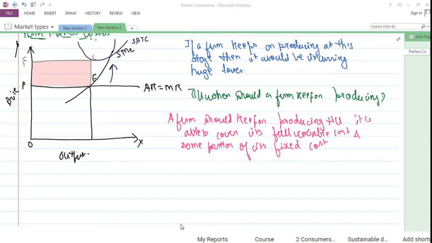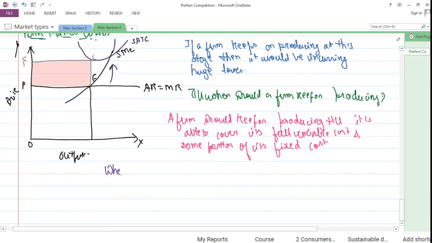If it is unable to cover any portion of its fixed cost, it should stop producing at such a scenario, because उस जगह पे he would be reaching a stage which is known as shutdown point.